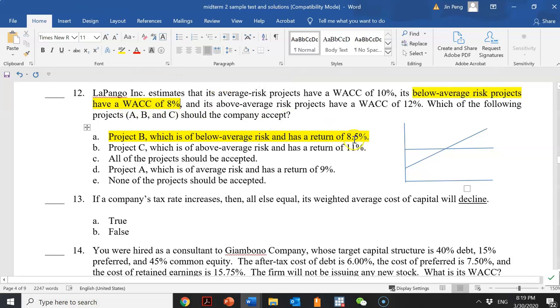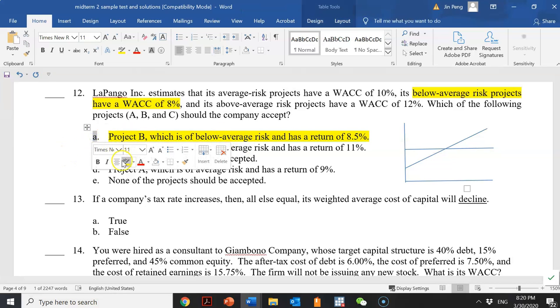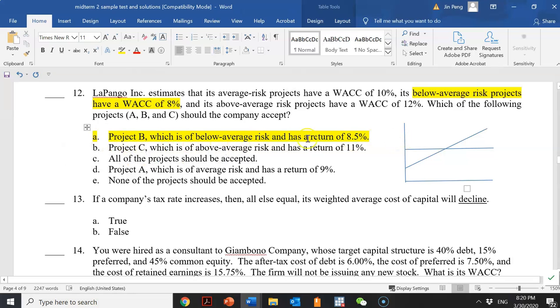This 8.5% return is higher than the WACC of 8% for below average risk projects. Should we accept it? Yes. So option A is correct, because project B has a return higher than the WACC for low risk projects.